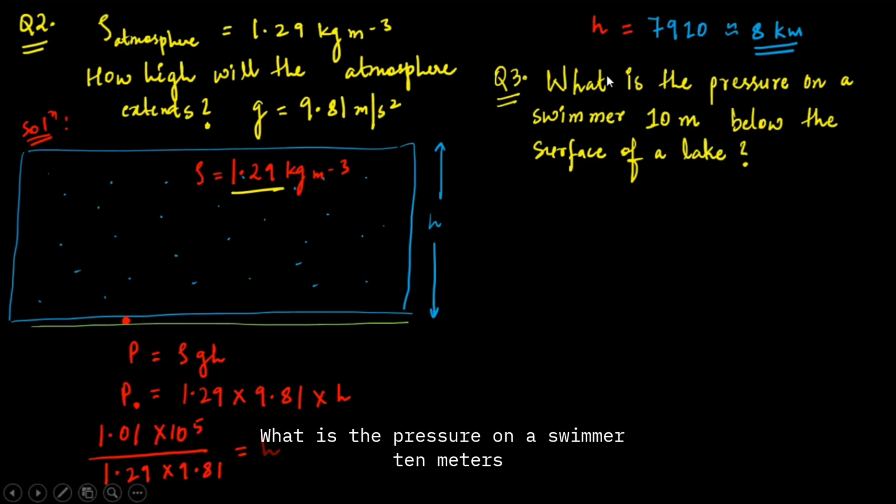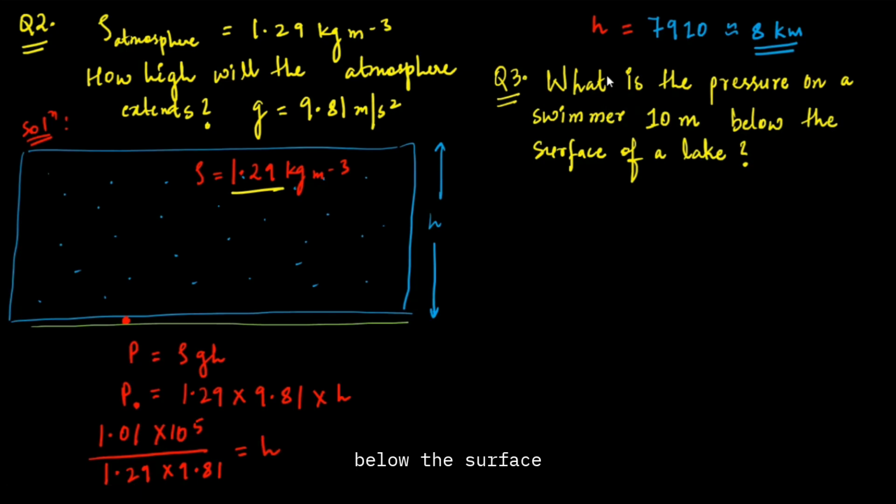What is the pressure on a swimmer 10 meters below the surface of a lake? So in this case, the pressure will be rho gh. So 10 times 9.8 times, what is his depth? 10 meters. Rho gh.